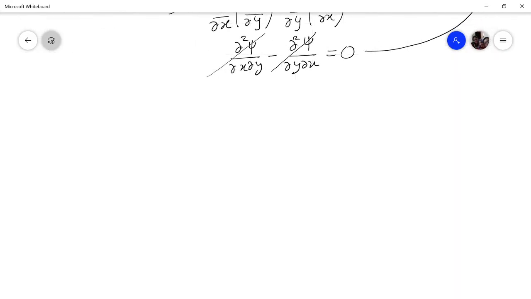Now let us dive into the mathematical aspect of this stream function first. As I have already said, this is a function of two spatial coordinates, that is, a two-dimensional function.